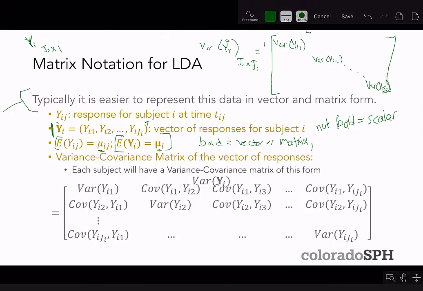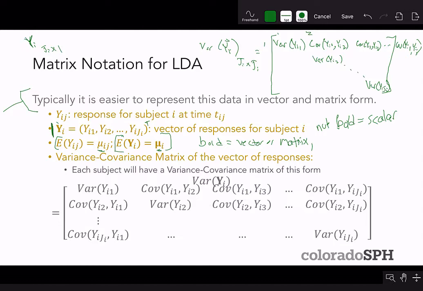So in the second spot, the second row of the first column, you have the covariance between yi1 and yi2. And then covariance of yi1 and yi3 all the way up to the covariance of yi1 and yiji.